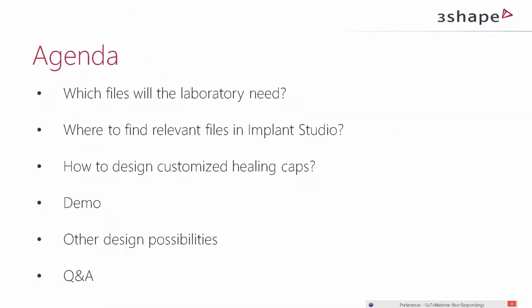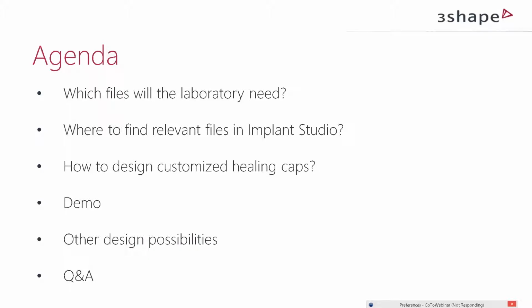On today's agenda, as you probably know since you signed up for this webinar, we're going to be talking about a link between Implant Studio and dental system for the purpose of designing customized healing abutments. First I wanted to show you which files the laboratory will need, how to find them, and of course how to send a file, which you can quite easily do using 3Shape Communicate.